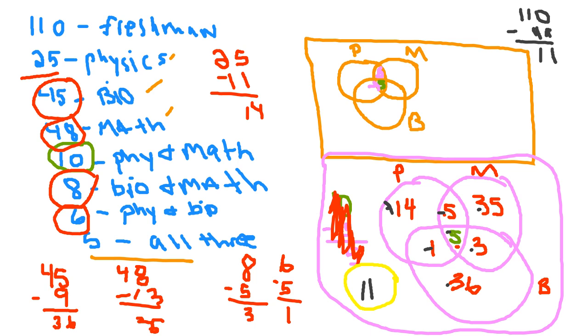How many took physics, biology, or math? So the number of students who took physics is going to be, so for physics, it's 25 students that took physics, but neither math nor biology.